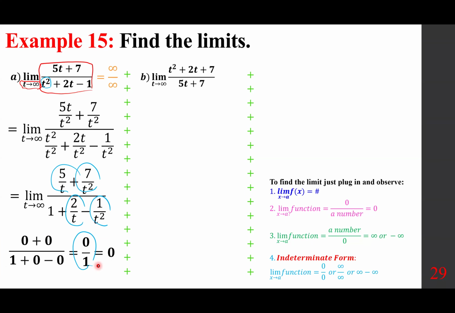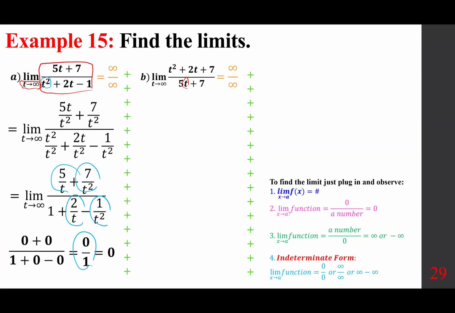We look at this question, the limit of t squared plus 2t plus 7 over 5t plus 7 as t approaches infinity. Again, you're dealing with a rational function, and again t is approaching infinity, so you divide by the highest degree term in the denominator. This time it is t. And again, if you plug in, you get infinity over infinity.